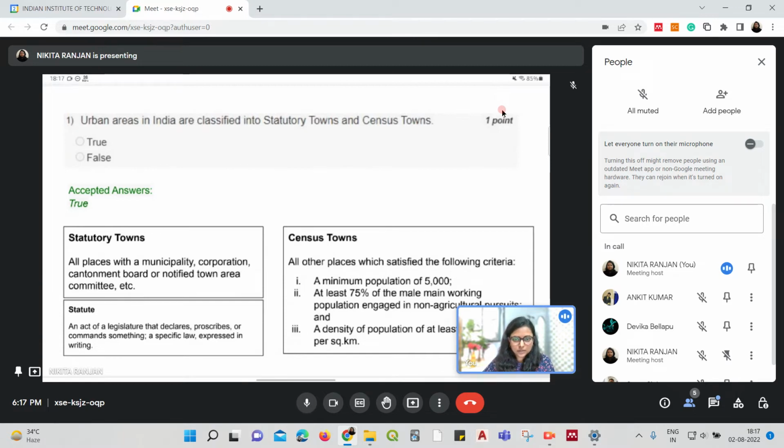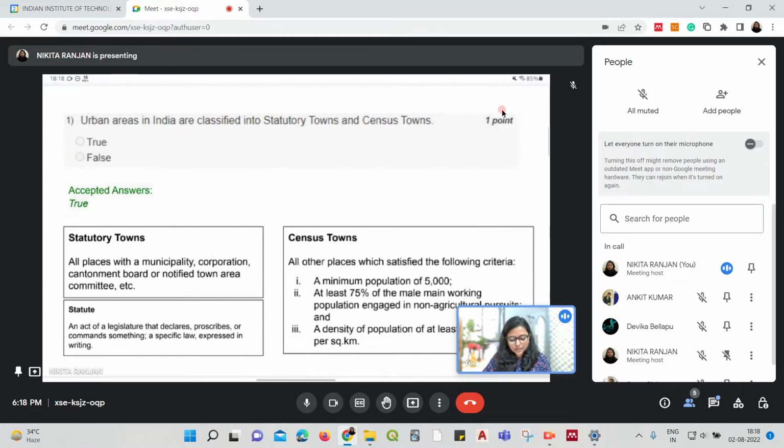Apart from the statutory towns, there are other urban areas. As you know, through the process of urbanization, different places which were not urban earlier could also be undergoing a process in which their population structure and population density might be changing.